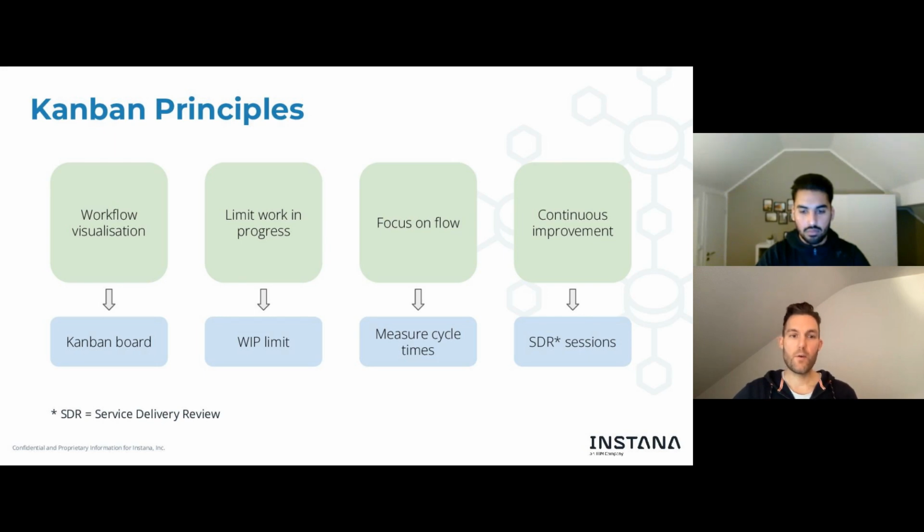Then there is the work in progress, which is the amount of work items in progress, so in development, in testing, in review when it comes to pull requests, for example, that are in progress at any given time.